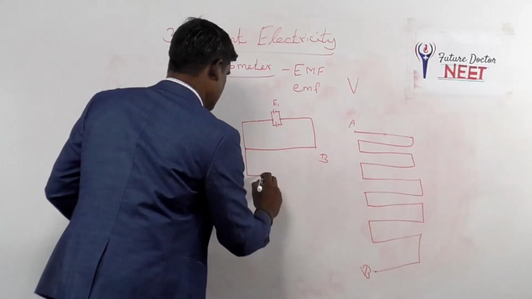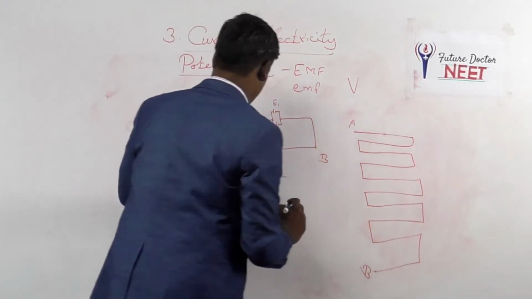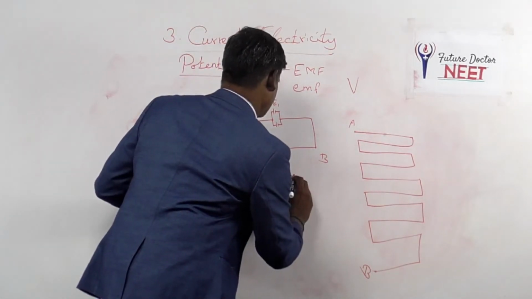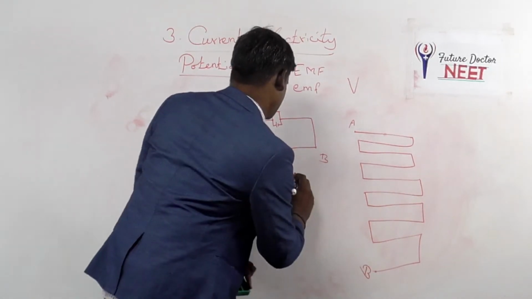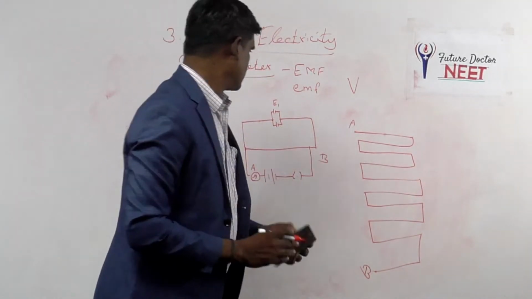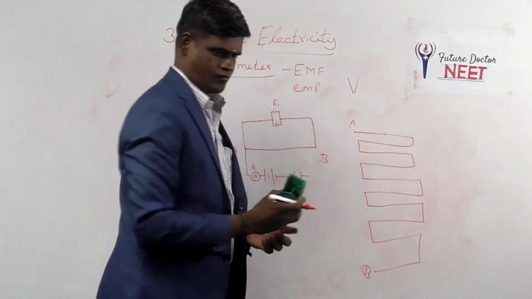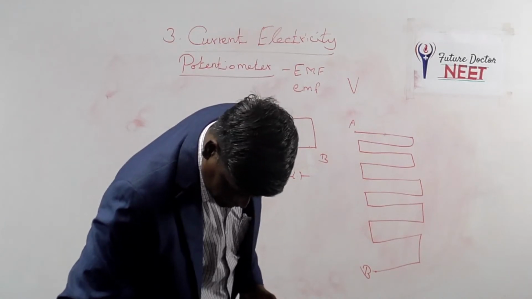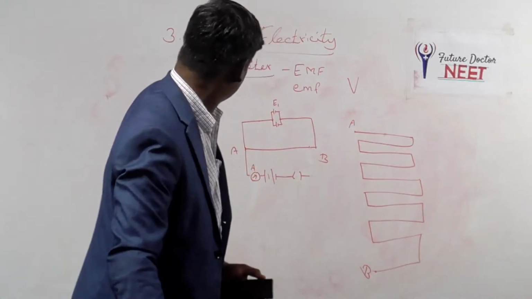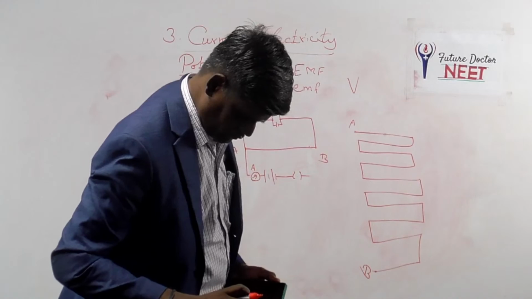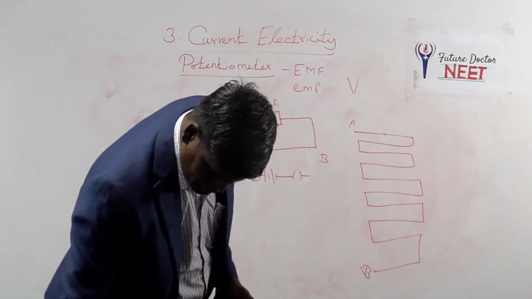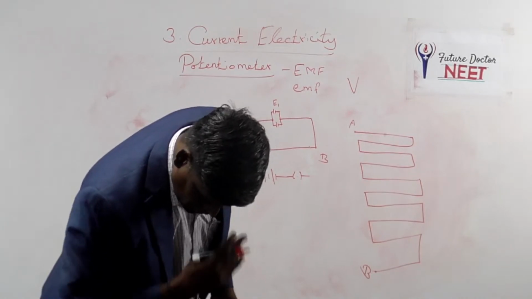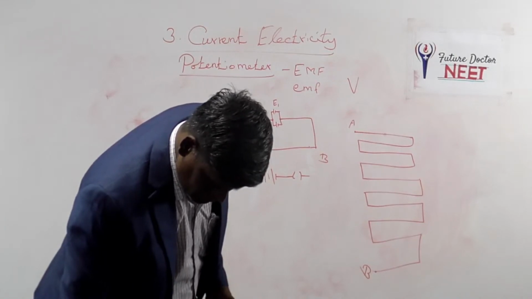And on the other side, battery, ammeter, known cell, unknown cell, battery key, rheostat.